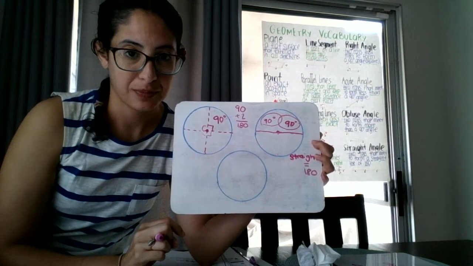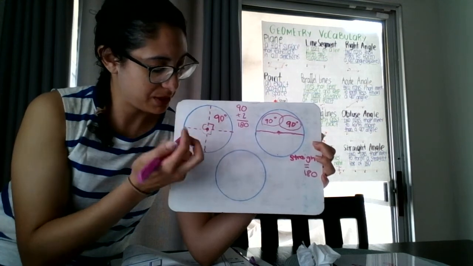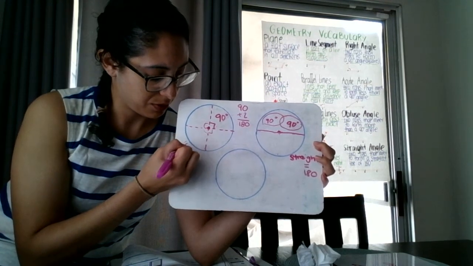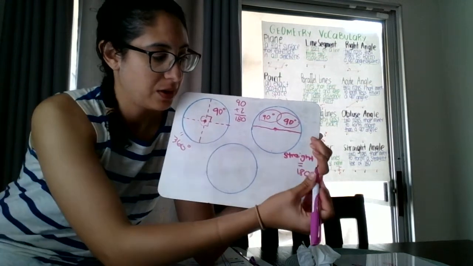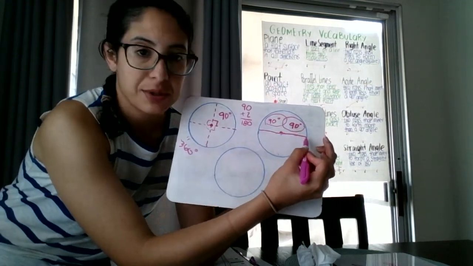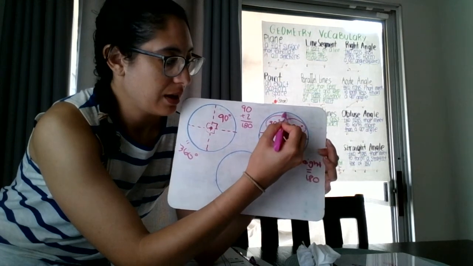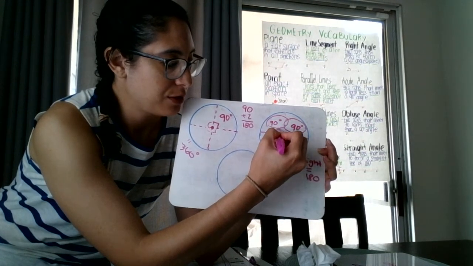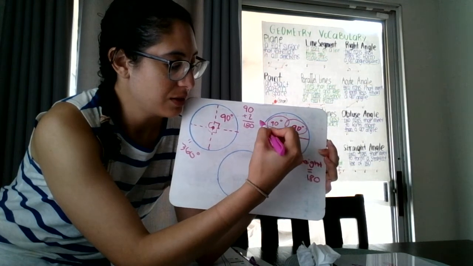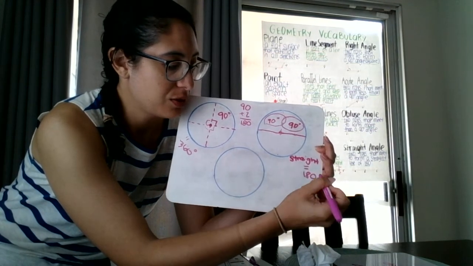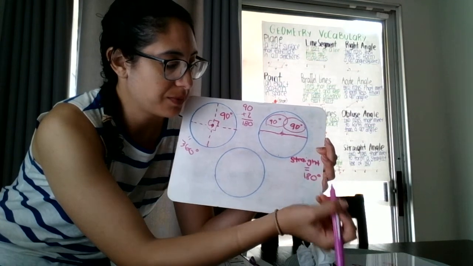Okay? So 90 plus 90 plus 90 plus 90 would equal 360 degrees. Okay? If I cut the circle in half, I technically have 2 right angles in there. So 90 degrees plus 90 degrees, or 90 times 2, is equal to 180 degrees.